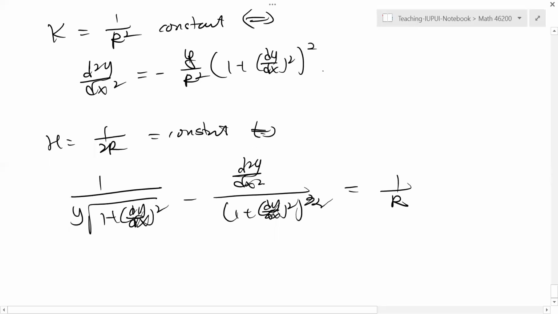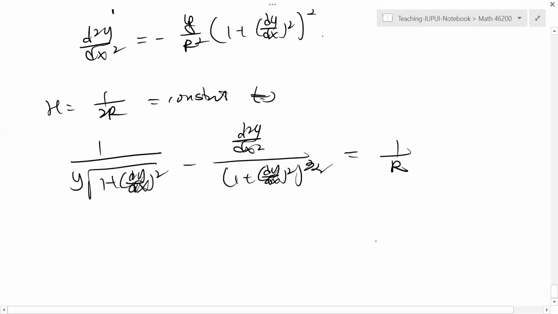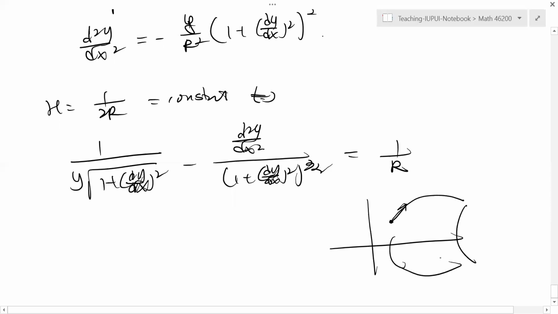But according to ODE theory, for any given information, if you have an initial point and then an initial direction, the derivative, you can have a unique curve satisfying this equation. Then you have to solve it. And the surface you're going to get has constant curvature. It's interesting, right? So you can use a computer, an ODE plot.